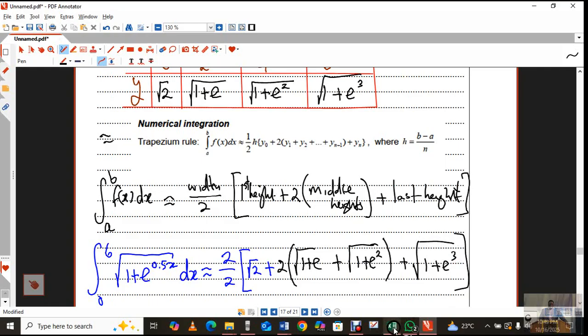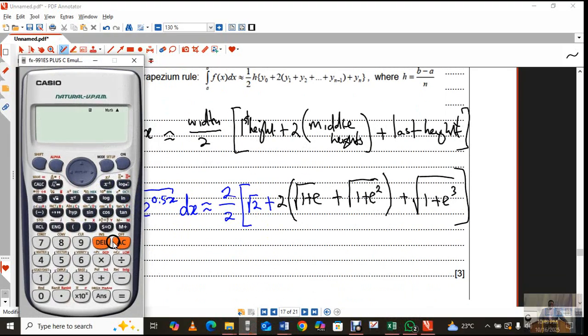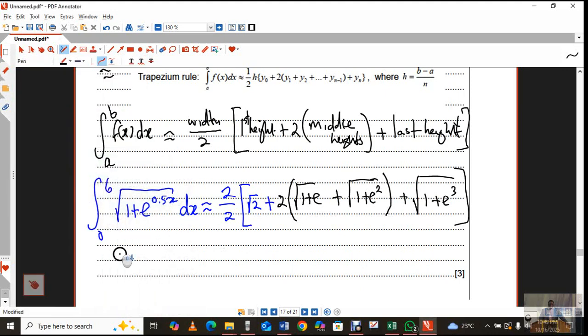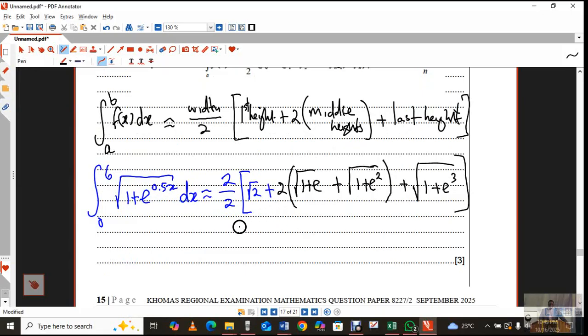So if you are now dealing with, say, on your calculator, the square root of 1 plus e, you will have decimal values that you put in, and so on and so on. I'll leave it to you. I'll let it pause a bit so you can see that this answer will be approximately equal to 15.7, and they did say we must give our answer to 3 significant figures.